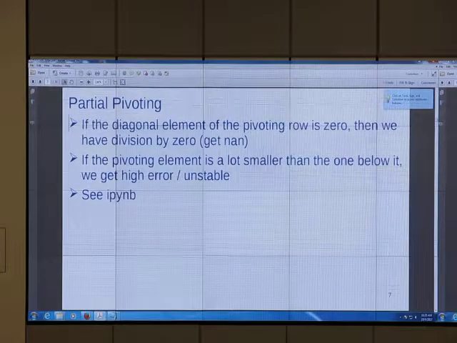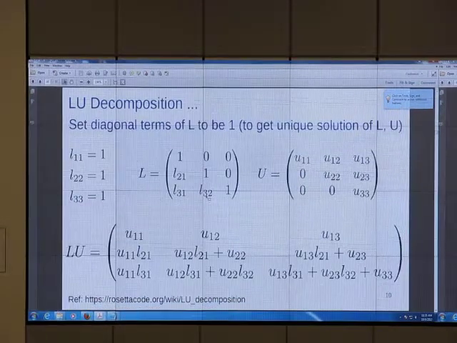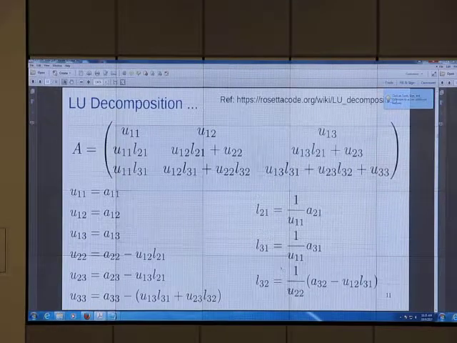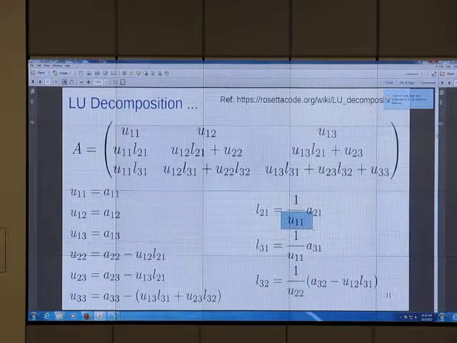Okay, look at this. Whenever you have a diagonal element equal to 0, what do you get? In your formula, sometimes you have to divide by U22. You see that? So U22. Look at this, U11.